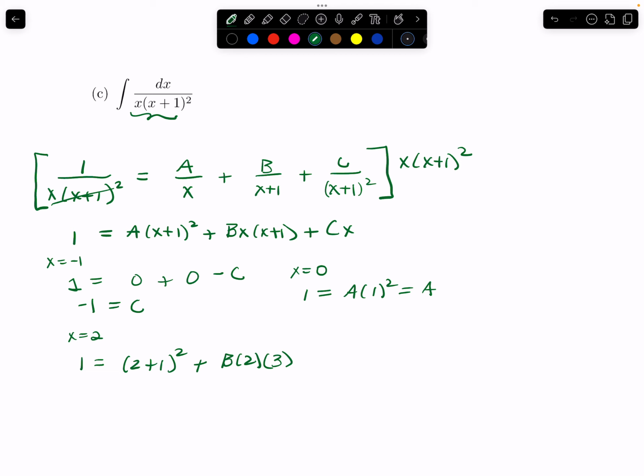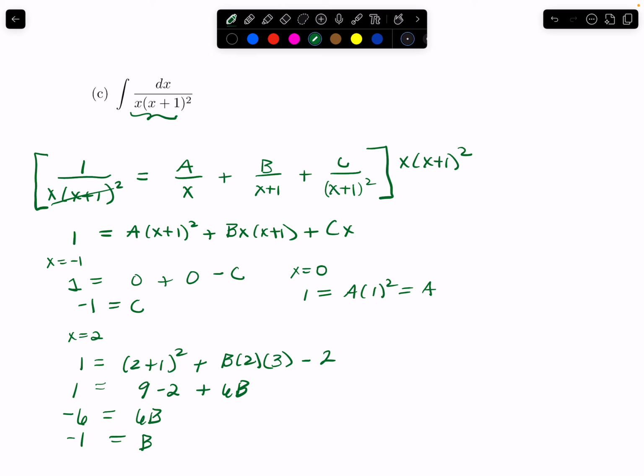C is -1, so minus C times 2, or minus 2. So we have 1 equals, that's 3 squared, 9, minus 2, plus 6B. That's 7. If I move the 7 over, I get -6 equals 6B. So B is also equal to -1.